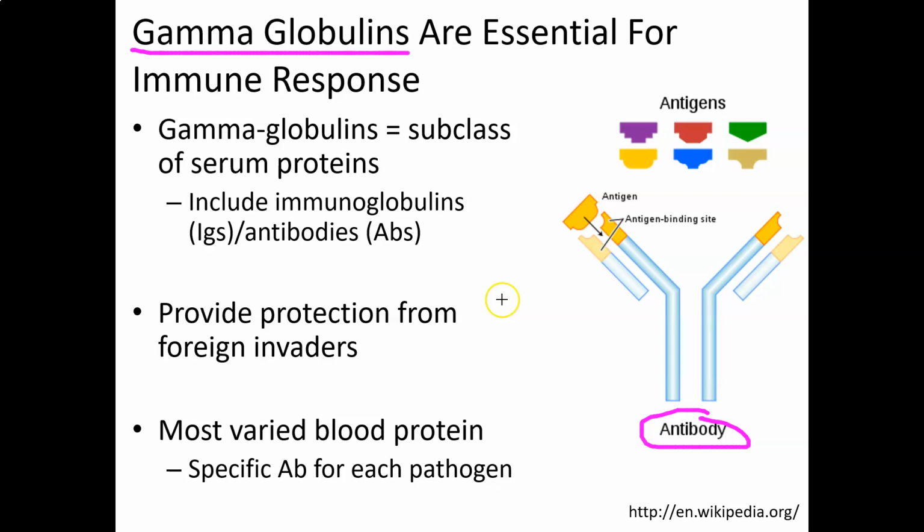And so they include what we call the immunoglobulins. So the immunoglobulins, IgE, IgA, things like that help keep us free from disease. They provide protection against foreign invaders, and you have a specific AB antibody, that's what this stands for, antibody, for each pathogen. So any pathogen that we would run into, we would have an antibody for it.